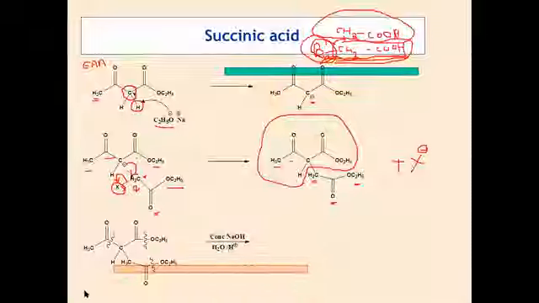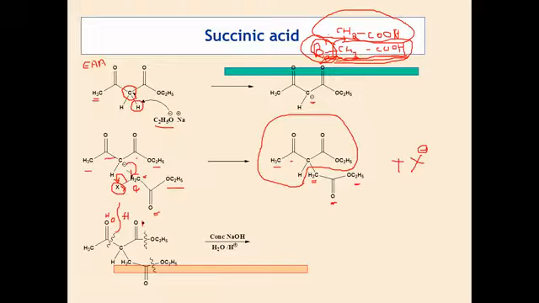In this case there is an addition of OH from this side.